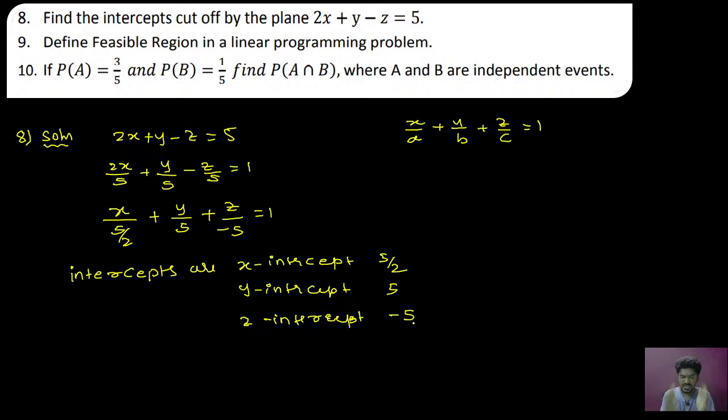Okay, so these are your intercepts, because they have given the equation of the plane that has to be converted into the intercept form of the plane. So by converting to the intercept form, you will get the intercepts.